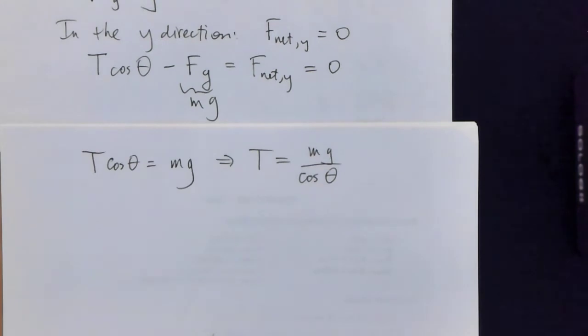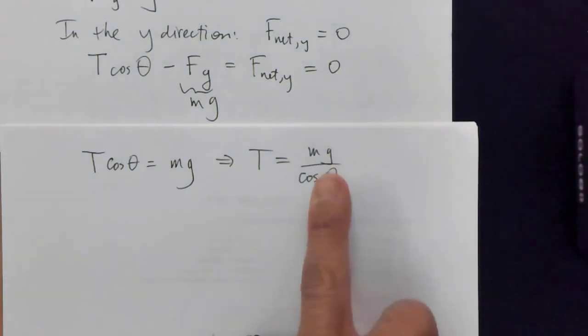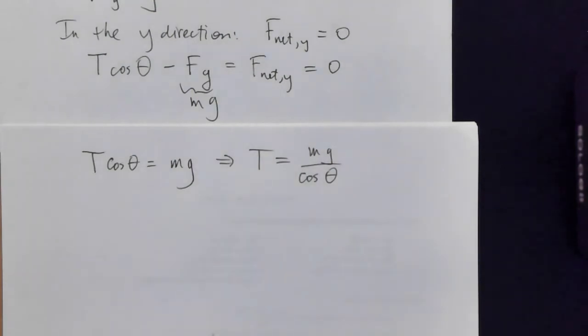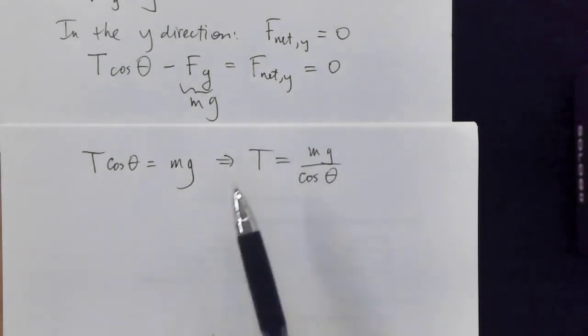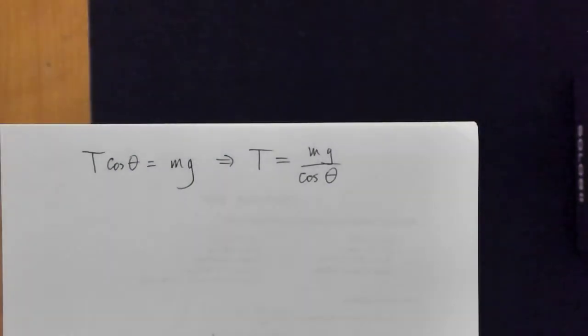But because we've drawn it with theta not 0, if you assume that the drawing is accurate, the cosine of theta is less than 1, and so the tension will be greater than the weight. Does that make sense? So when you look at these formulas, it's good to understand things like this, that the tension would be greater than the weight of the object.